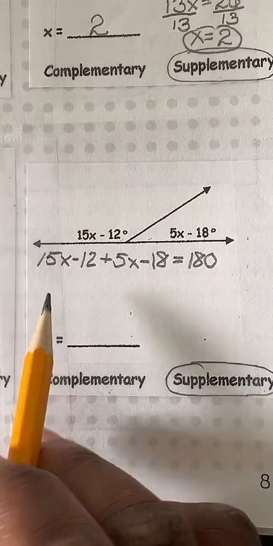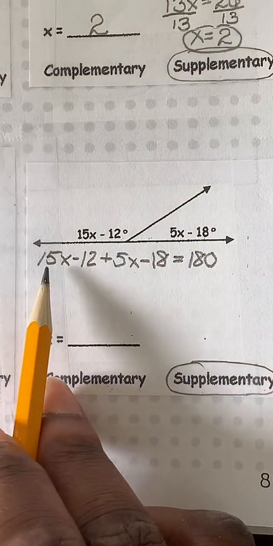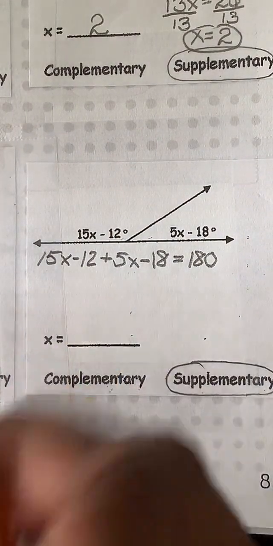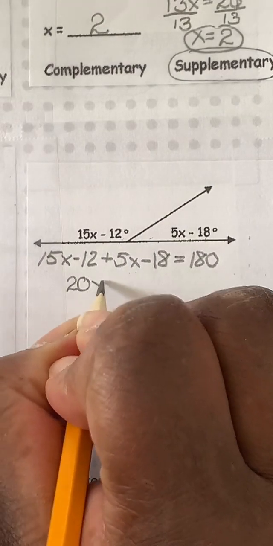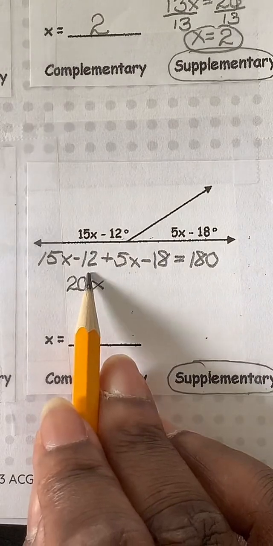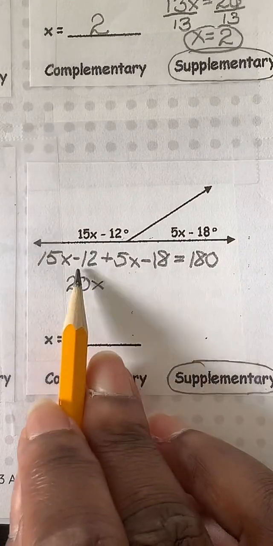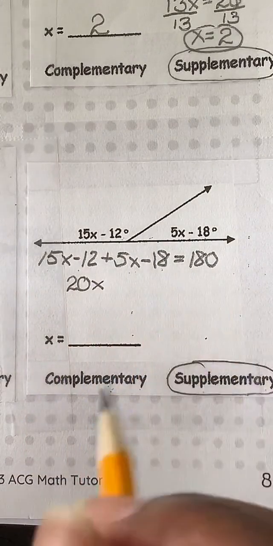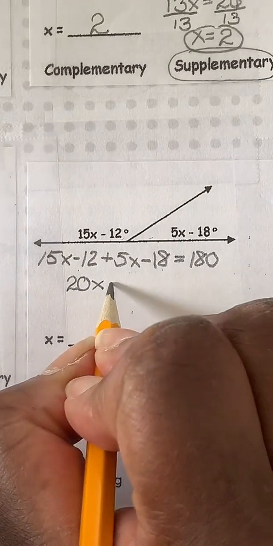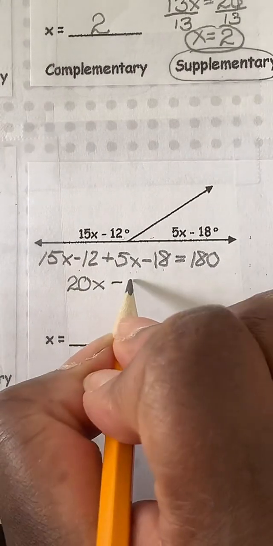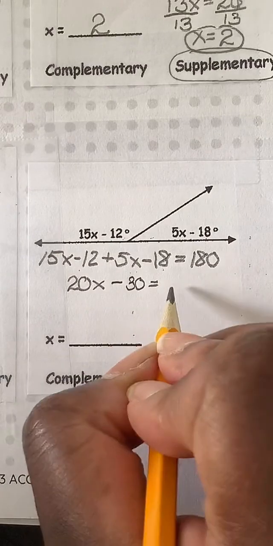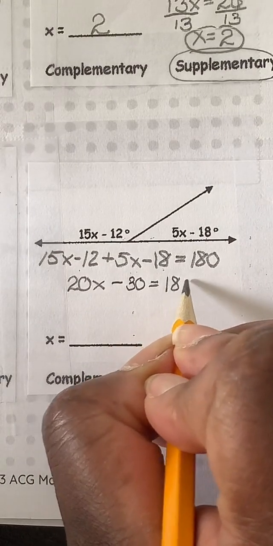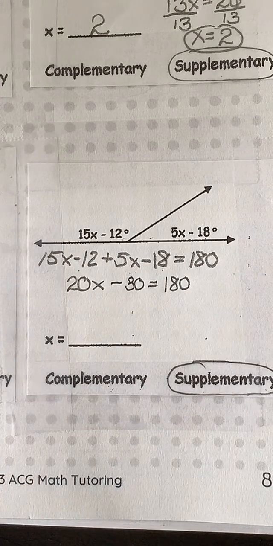So we have like terms, 15x and 5x. That will give me 20x. And then negative 12 and negative 18, they're both on the same side. So 18 and 12, we're going to keep that negative, and it's going to be 30. And it's going to equal our 180.